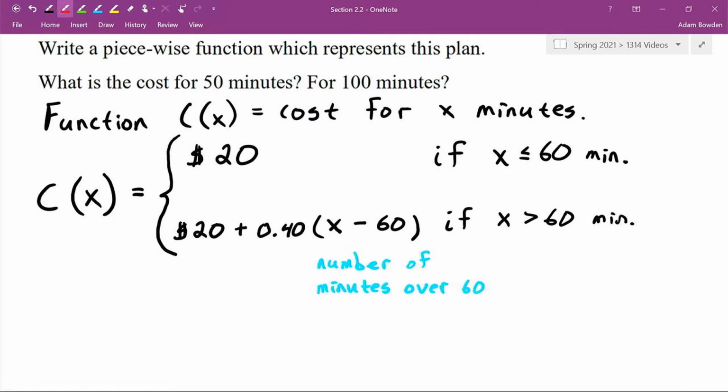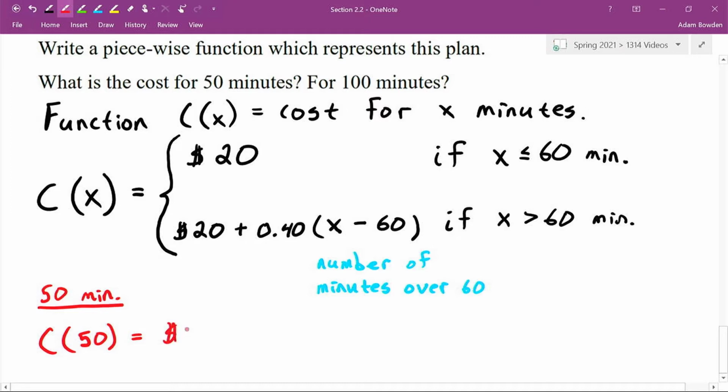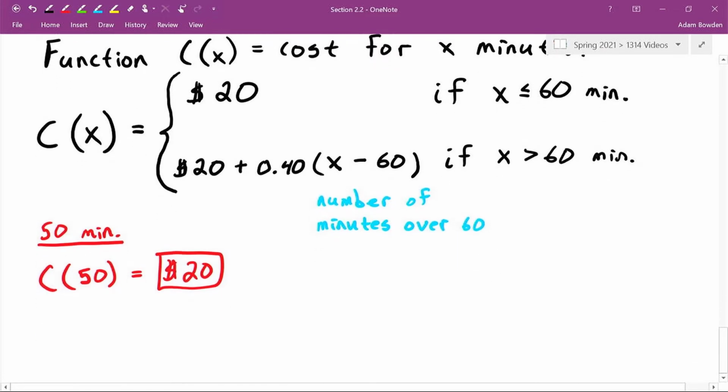Now we can calculate some things with this. For instance, if we want to know for 50 minutes how much that would cost, we would do C of 50. Since that's less than 60 minutes, it's just going to cost $20. Now for 100 minutes, the cost would be calculated by C of 100.